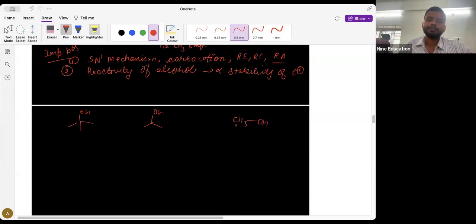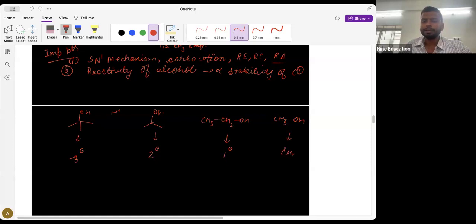Let's say we have taken here CH3CH2OH, and the last is CH3OH. Out of these four, which one will form the more stable carbocation? If I put H positive in all the compounds and remove H2O from all of them, it will make a 3-degree carbocation, a 2-degree carbocation, a 1-degree carbocation, and a CH3 carbocation.